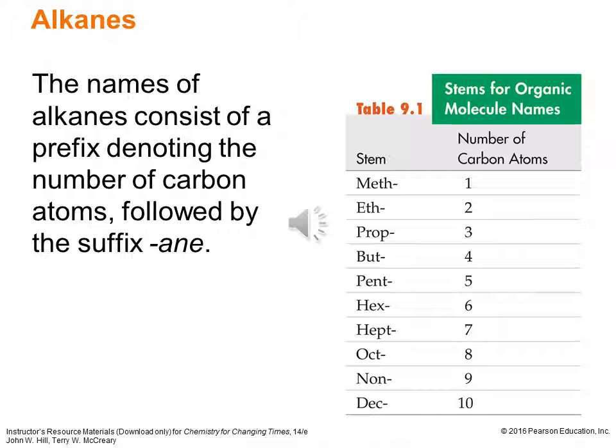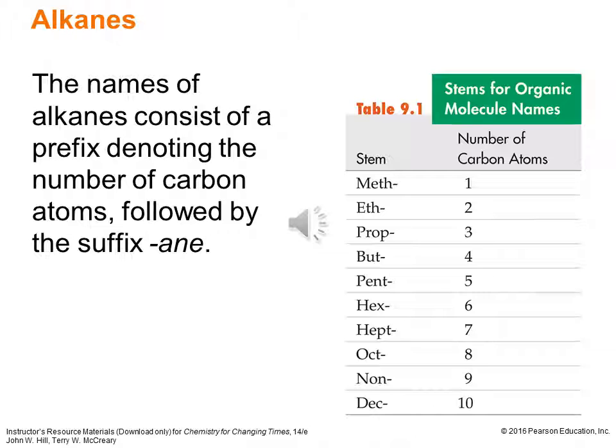So meth refers to 1 carbon atom, or 1 atom in a carbon group as a substituent, a term we'll use soon. And then eth for 2, as in ethane, or ethyl alcohol, the alcohol we can drink as human beings once we're of age. Prop is our prefix for 3, and but is our prefix for 4.